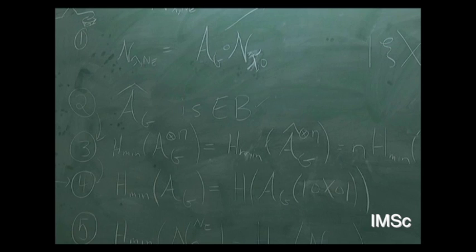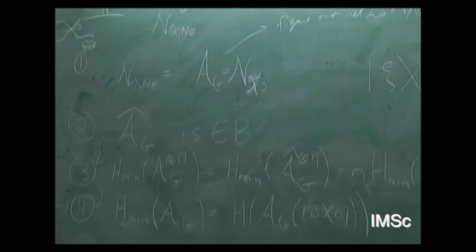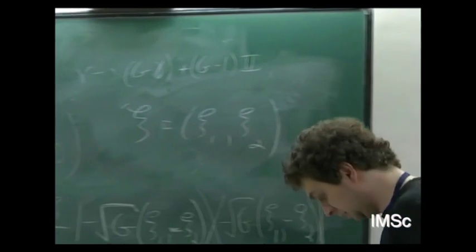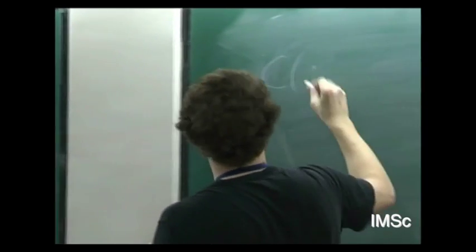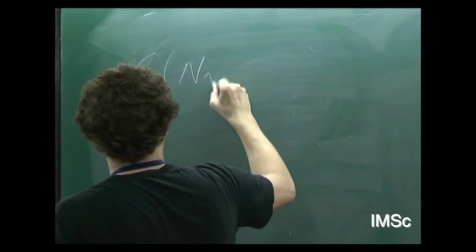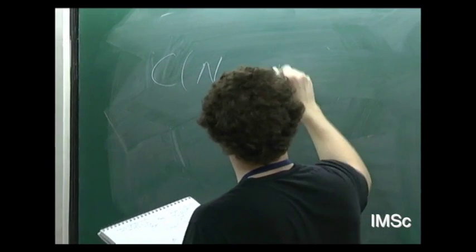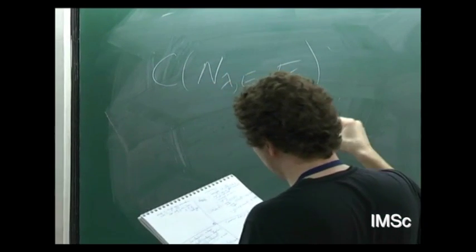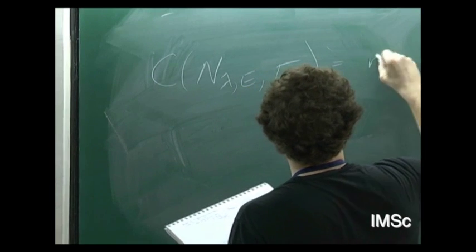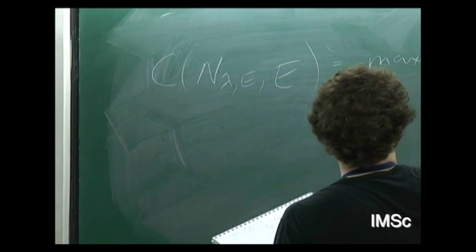And it ends up being the classical capacity of the thermal noise channel with the energy constraint E. It's just going to be equal to the maximum of this mutual information under the constraint that we had.